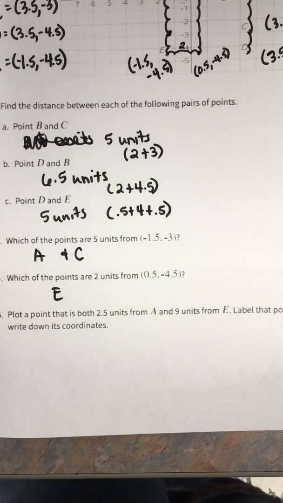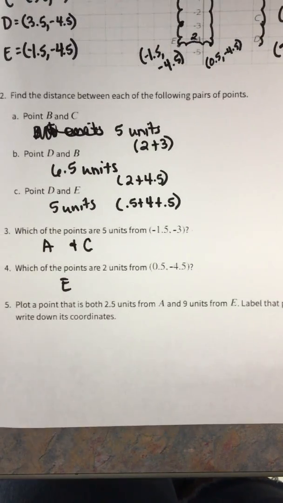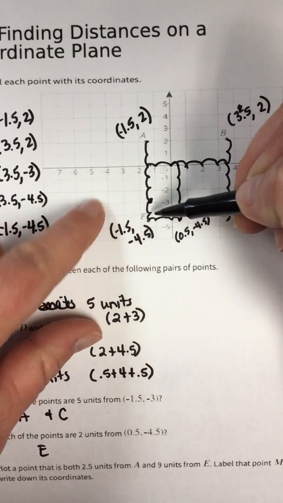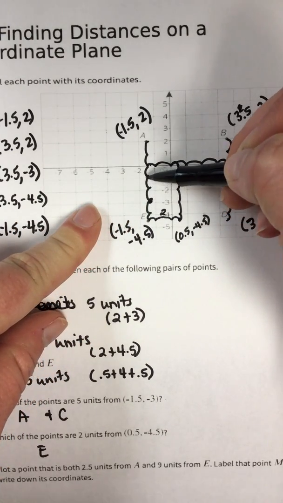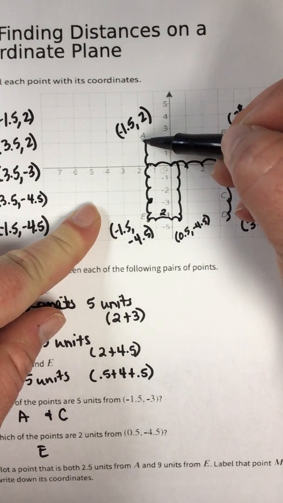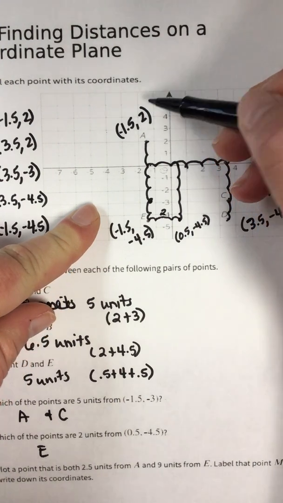Okay, so let's plot a point that is both 2.5 units from A and 9 units from E. Label that point M and write down its coordinates. Okay, so we've got to go back up here to A. It's got to be 2.5 units from A and 9 units from E. So we're going to have to go negative, but then we're going to have to go up, because if we do half plus 1, 2, 3, 4, that's 4.5, 5.5, 6.5, 7.5, 8.5, and then we're going to have to go half here.